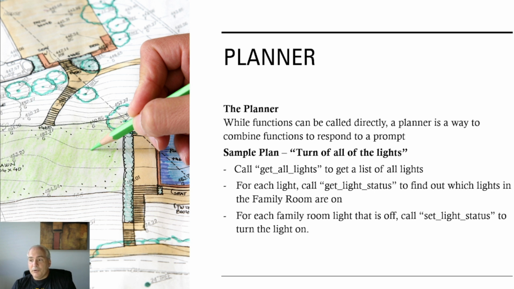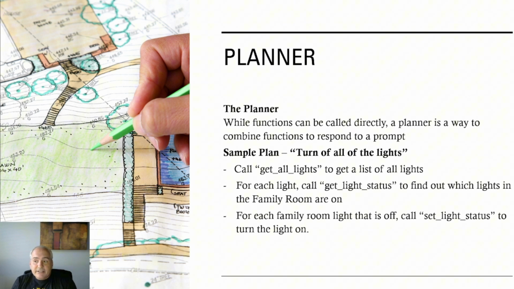So, for example, I could tell the kernel turn off all the lights. If I was going to logic this out, just pseudocode here, using the functions that I showed you in a previous slide, this is probably how I'd do it. I'd call the get all lights function to get a list of all the lights.